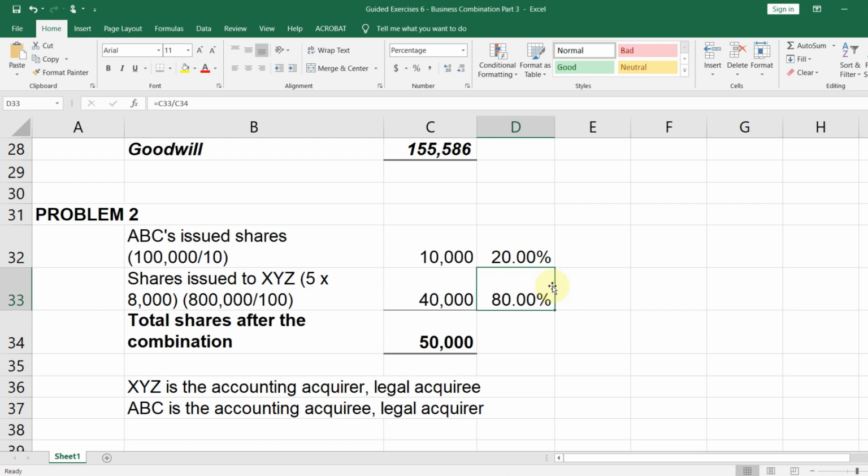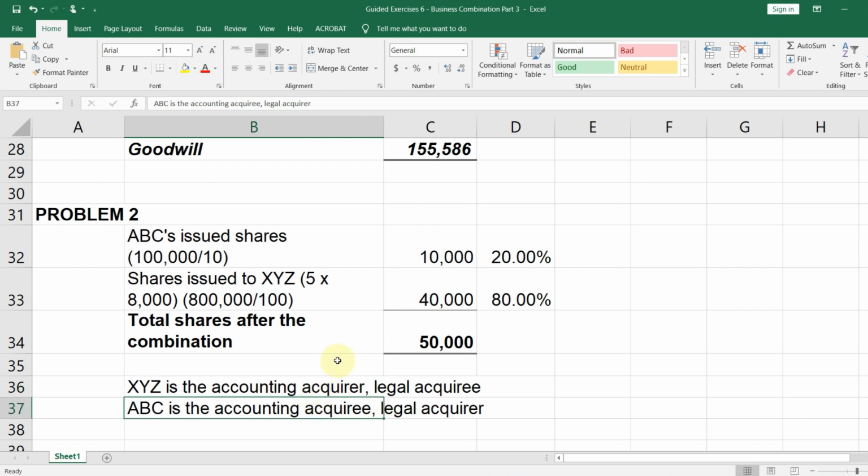Ibig sabihin, may controlling interest siya. Nakakapagtaka kasi sino bang nag-acquire? Si ABC. Pero bakit ang nag-control after the business combination is si XYZ? Kasi si XYZ is the accounting acquirer, but he is the legal acquiree, in legal substance.